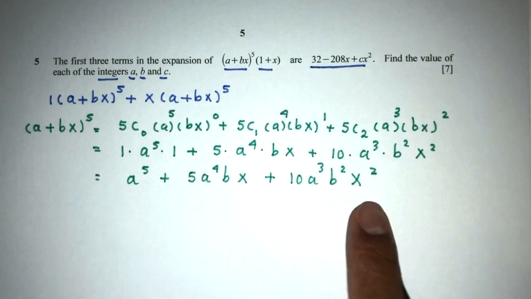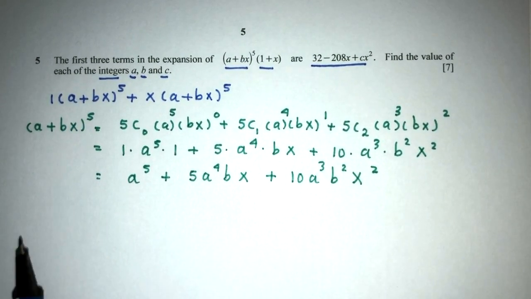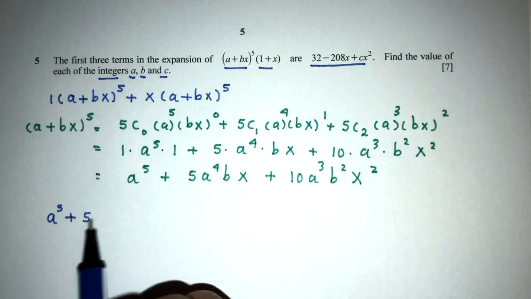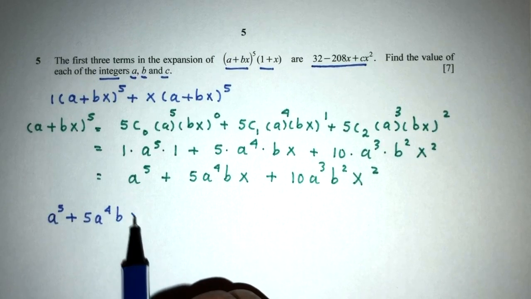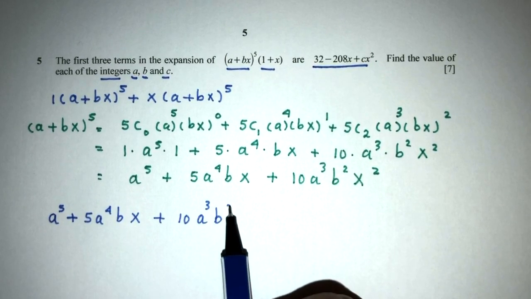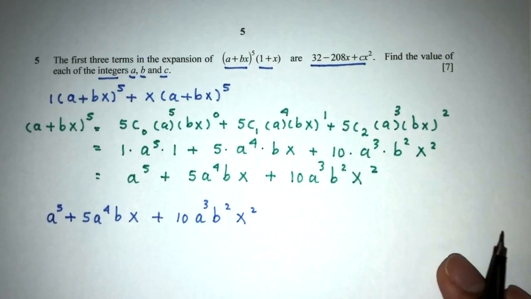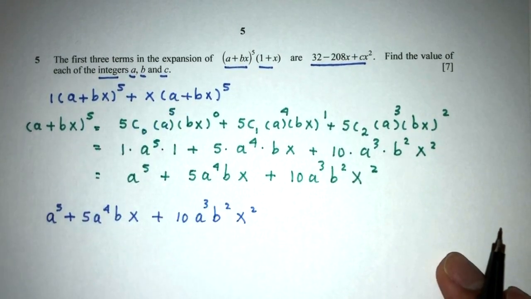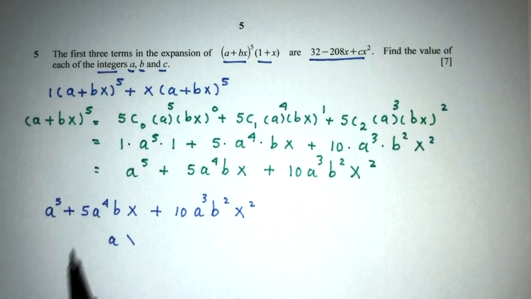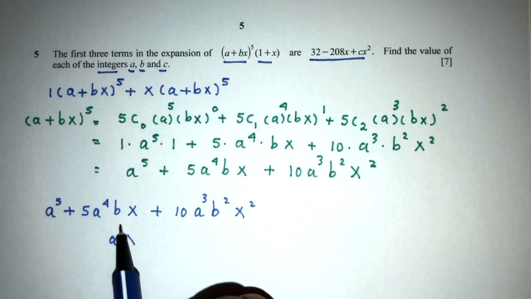Now replace those values in your main equation. So first one we have 1 times this, you will get the same thing, which is a power 5 plus 5a power 4 bx plus 10a cube b squared x squared, and then x times this, same thing, you will have a power 5x, right?